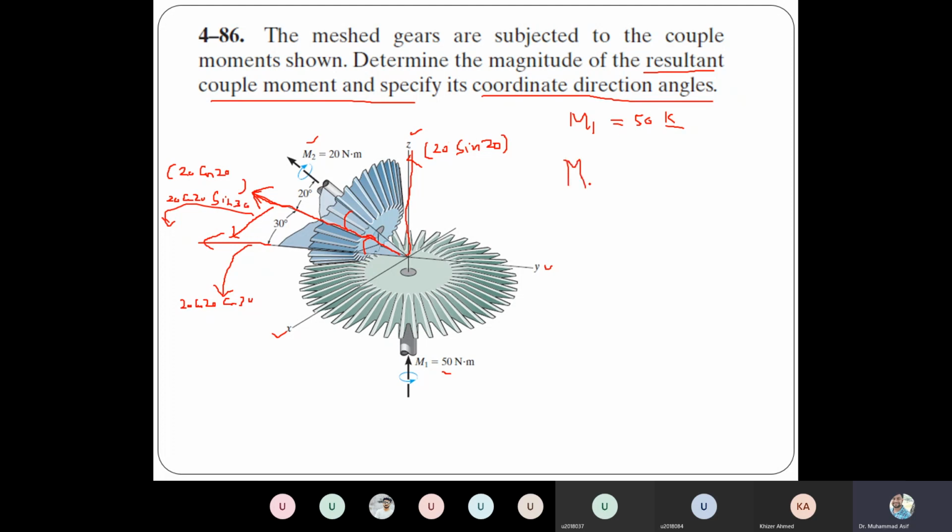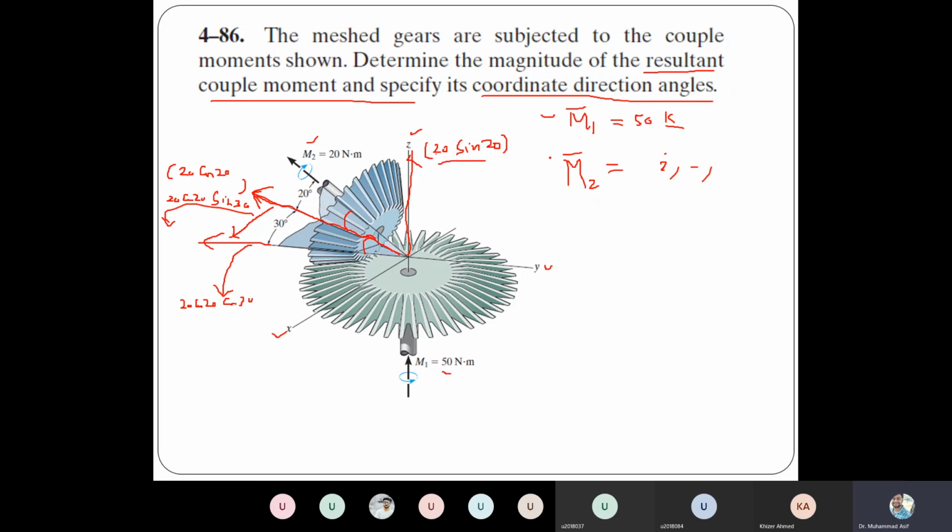M2 in vector form: the component in the positive x direction is 20 cos 20 sin 30, that will be the i part. Then the j part, the y-axis, is negative 20 cos 20 cos 30. And the k part we already calculated, this is 20 sin 20.